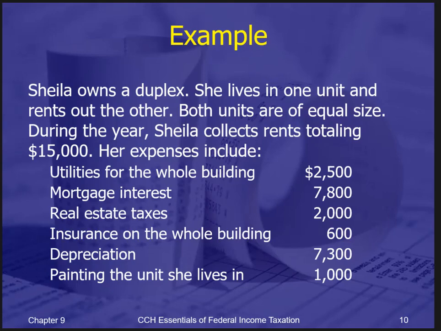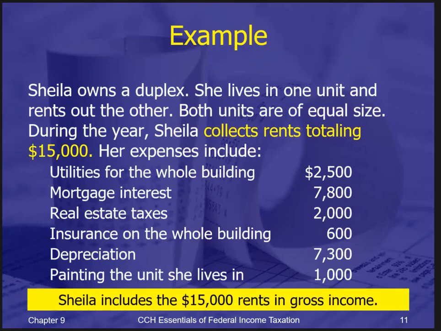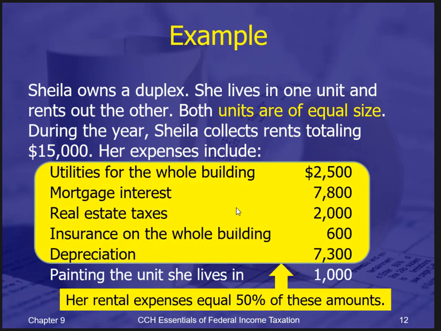You could make that argument with the IRS, but typically it's by square footage. Okay, she rents out the side for, what, 15,000, includes that in income, and then she splits these expenses.